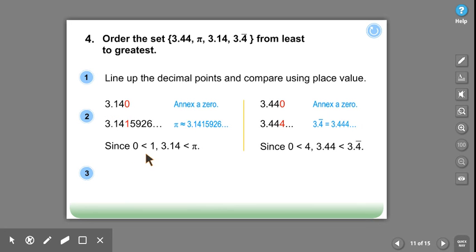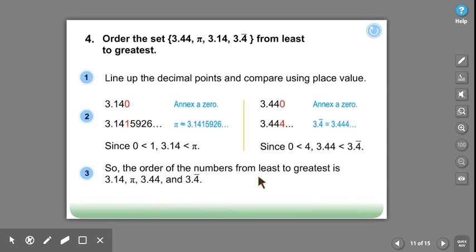Okay, so here we have, since 0 is less than 1, 3.140, and then next would be 3.141, then 3.440, and then 3.44 repeating. This one repeats forever. So by lining up all the decimals, from least to greatest is 3.14, then pi, 3.44, and then 3.4 repeating.